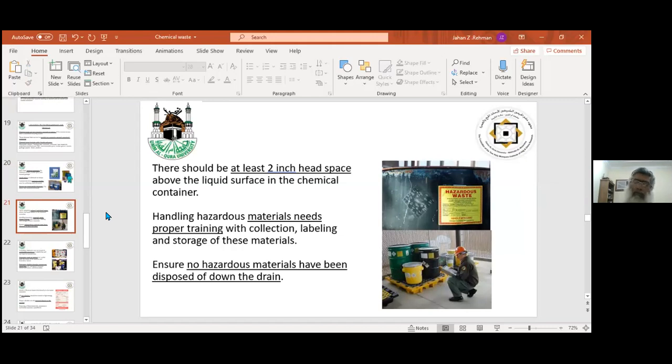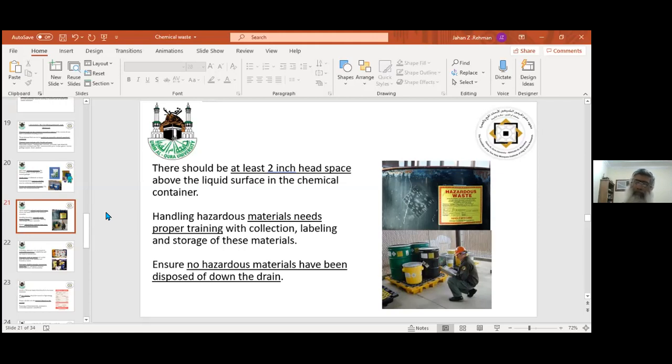For example, if you bring petrol or benzene from the station to your home and put it in a glass, you see that it will run away, it will evaporate. So you have to put the chemical in a container with at least 2-inch headspace empty, because this empty space is for the vapor portion.